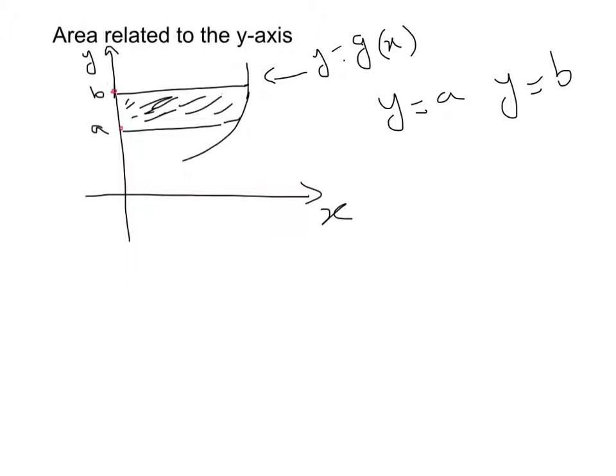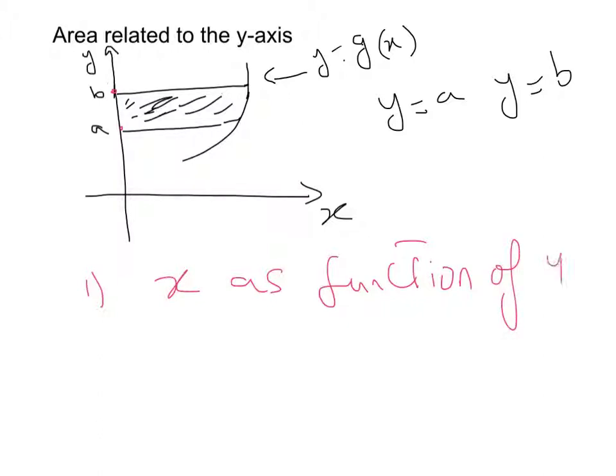The first step is to find x as a function of y. So that's our first step, x as a function of y. As you say, it would be x equal f of y.